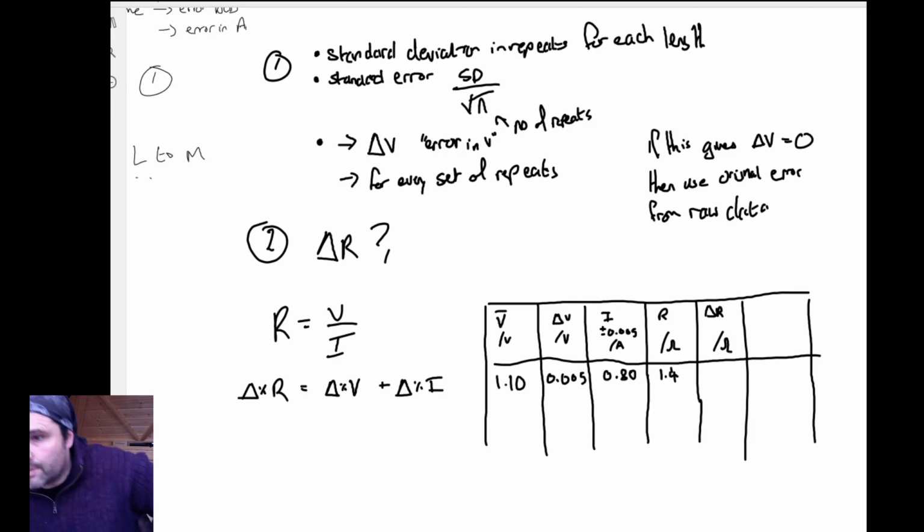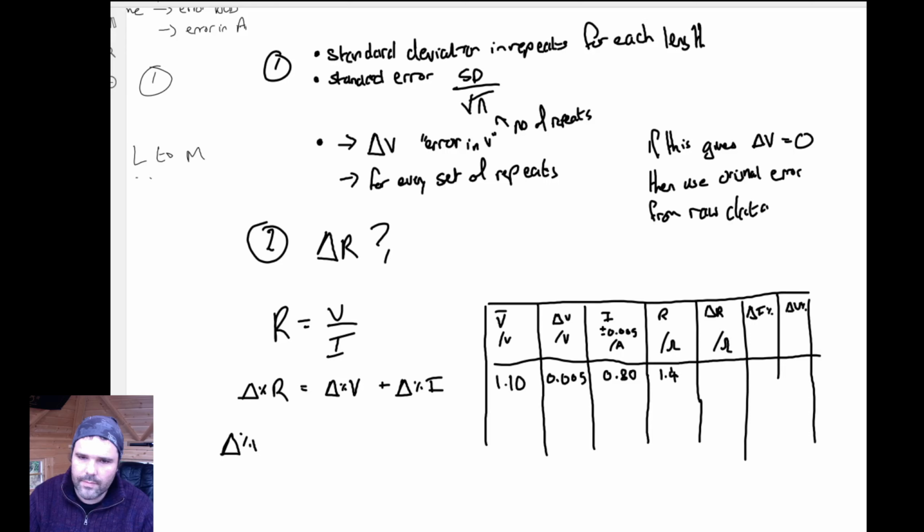And this is why errors take such a long time to do, because you've got to calculate each one of these now. So it might make sense to go, okay, what's my percentage error in I? You don't have to have it in the table, but it can make life easier if you just leave it in the table. I'll do V first then. So that would be 0.005 divided by 1.1 times 100 equals, go on, what would that give me? 0.45%. So my error in V is 0.45.